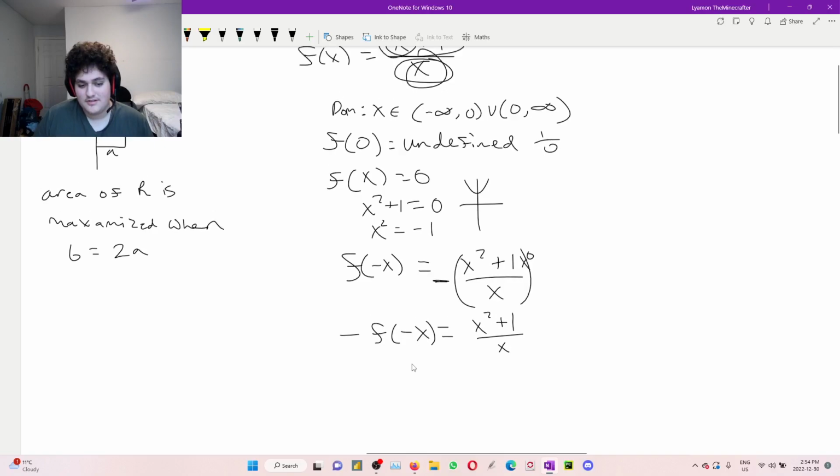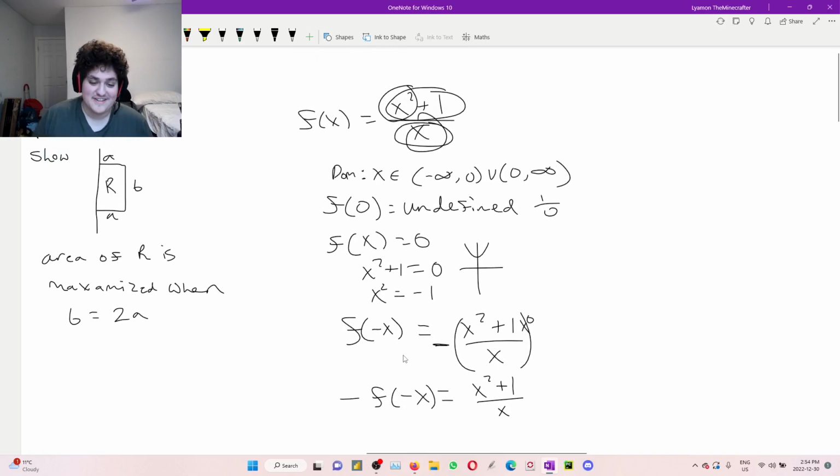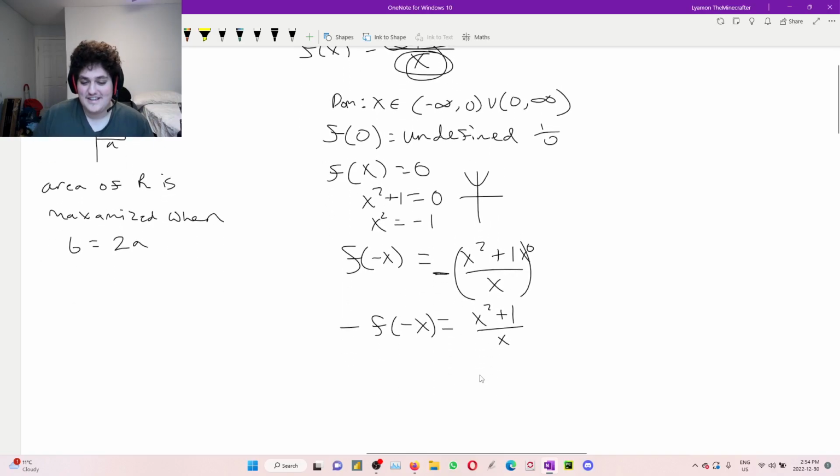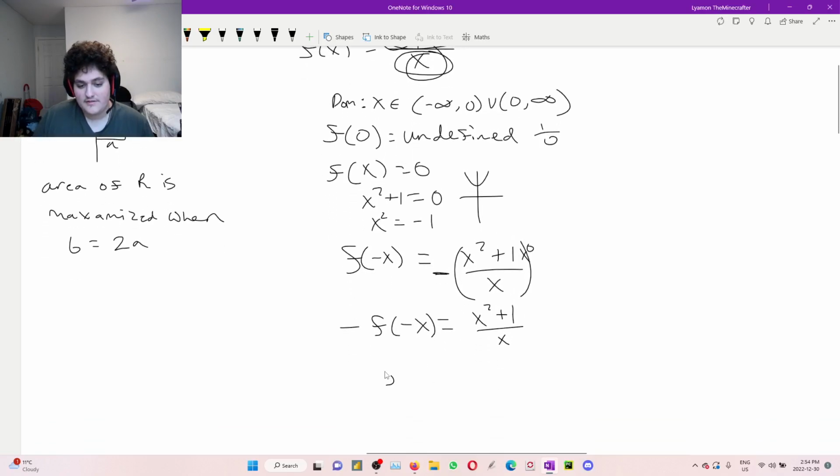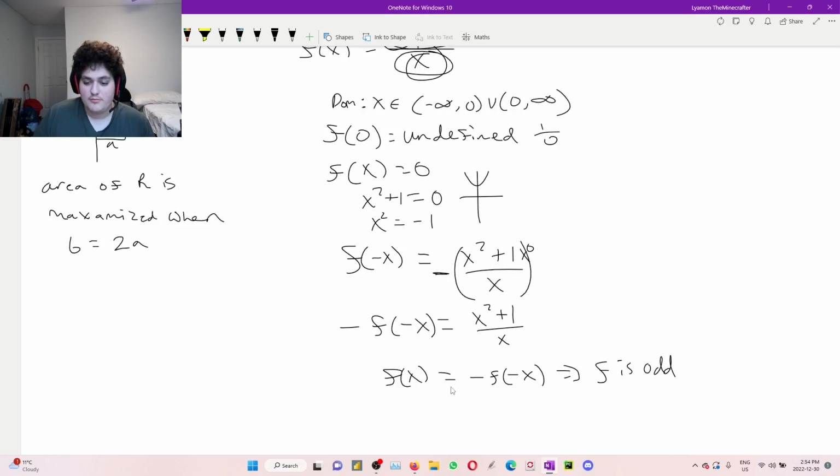So, forget what I said before about this function not being odd, because f of x equals negative f of negative x means that f is odd. So that means that we have point symmetry about the origin.